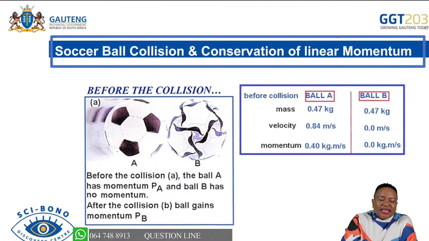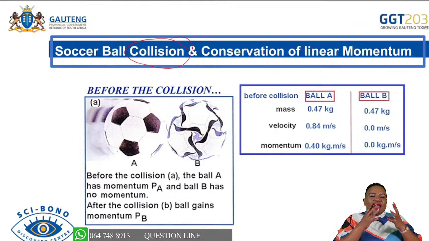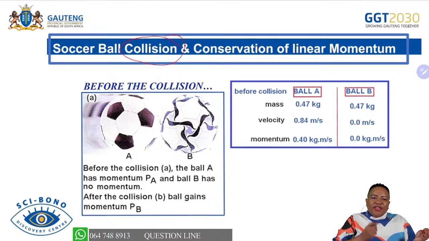Remember, when we talk about momentum and linear momentum, we talk about collisions. So in a case where we're referring to a car hitting a pole, we know that the momentum of the car before hitting the pole must be equal to the momentum of the car after the impact, after the collision between itself and the pole, in an isolated system.